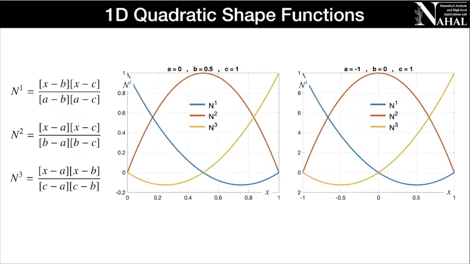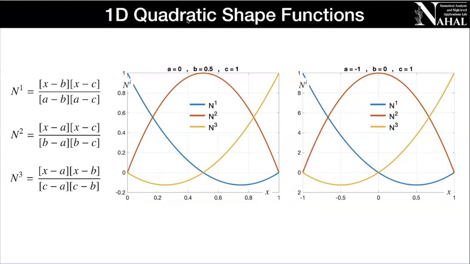Now, if you look at a quadratic function, a similar message holds, obviously. Again, whether the range is between 0 and 1 or minus 1 to 1, it doesn't matter because you see the same shape. But what you can also see is that each of these shape functions is 0 at the other nodes. So for instance, if I think of n2 here, you see n2 is this one.